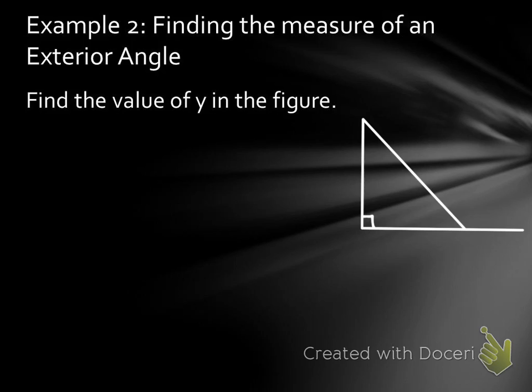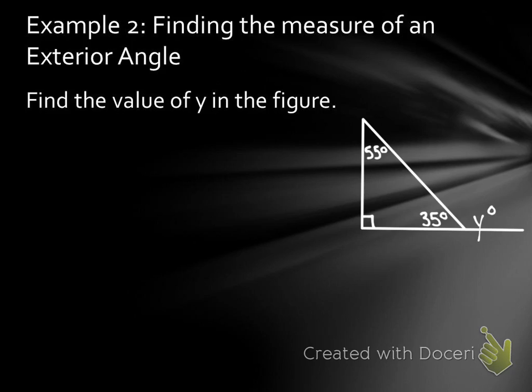All right, so I know that the top angle measures 55 degrees, and my bottom right angle measures 35 degrees. But now here's the angle that I don't know. This is what I call an exterior angle. It's not an angle that's inside the triangle. It's outside the triangle. So how do I find the measure of an exterior angle?